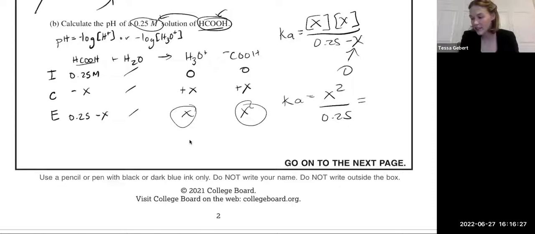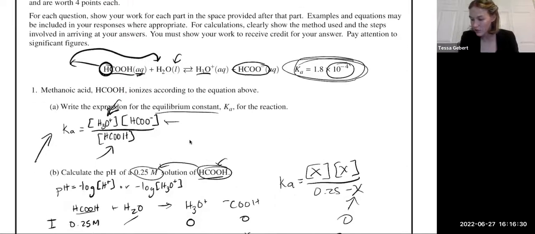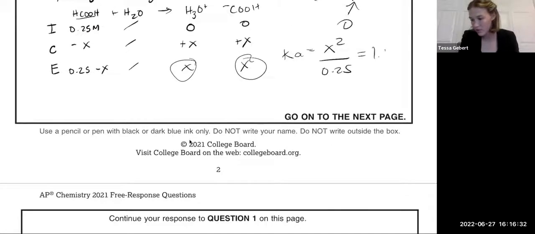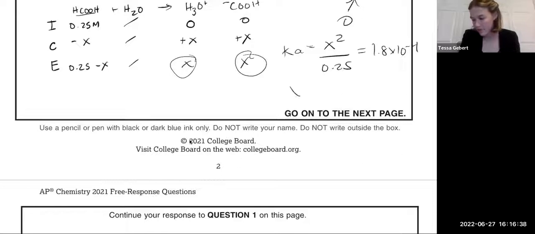And this again, now just plug it into the original 1.8 times 10 to the minus 4. Now I'm going to solve for X. So ultimately I just multiply by 0.25 on both sides and then take the square root. The AP chemistry exam gives you a calculator, or you can bring a calculator and use it.